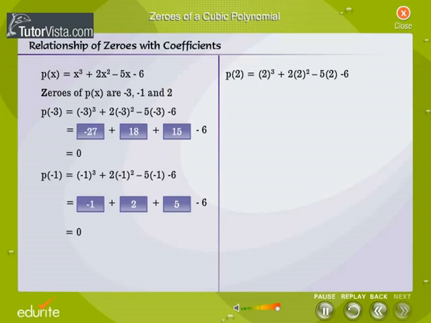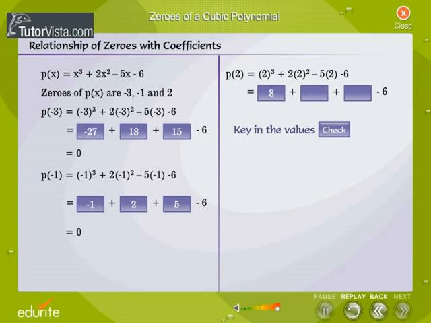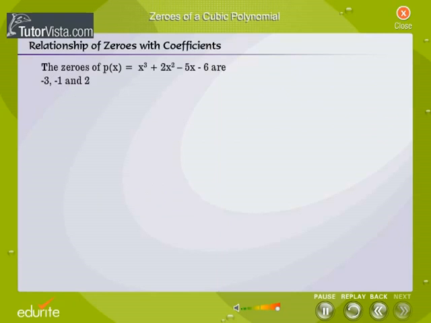We find p of 2. Key in the values. P of 2 is equal to 0.